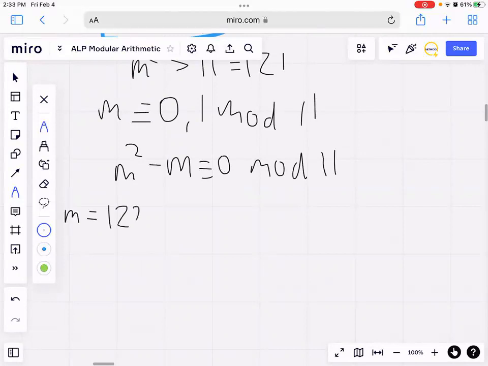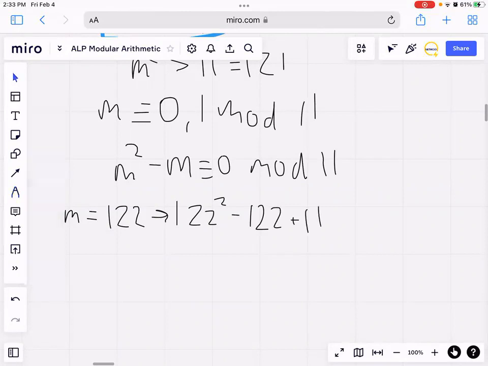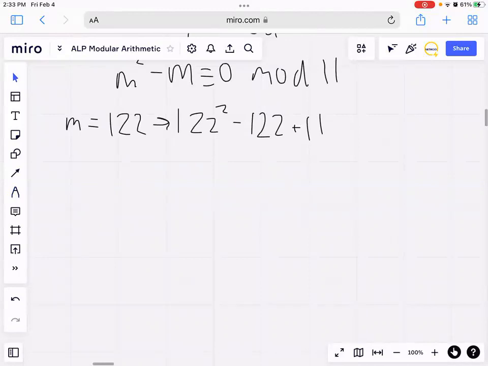And here we just use a little bit of multiplication. We want to find 122 squared minus 122 plus 11. 122 squared minus 122 is just 121 times 122, plus 11.